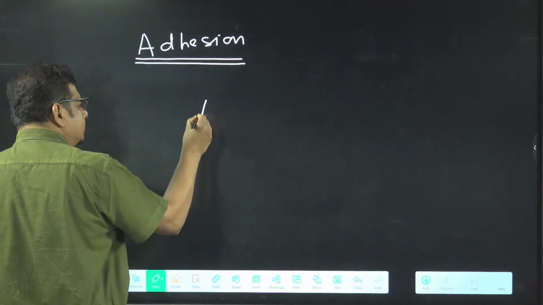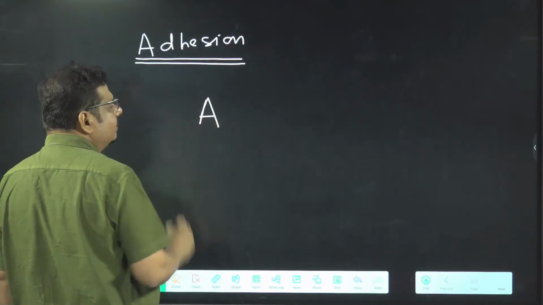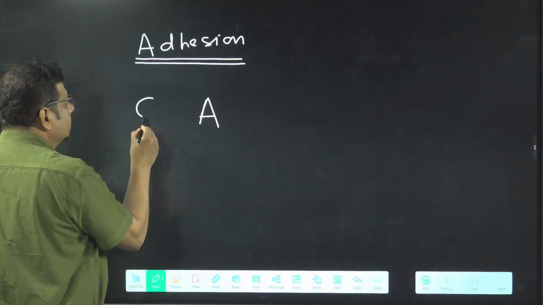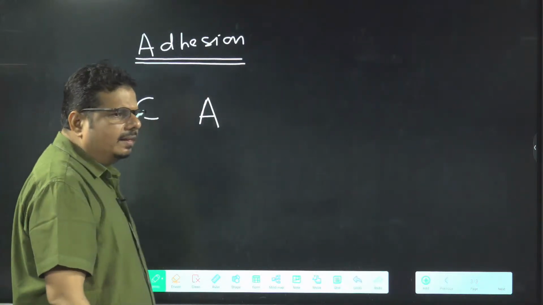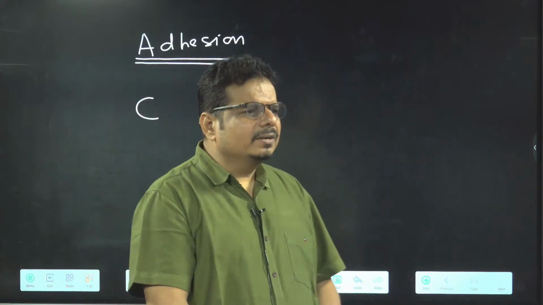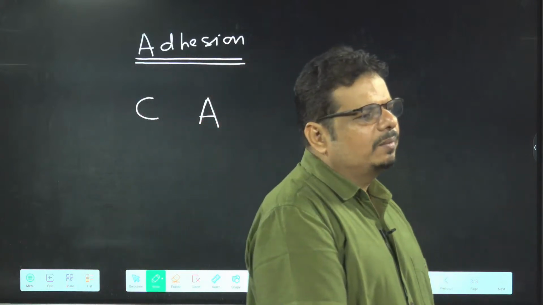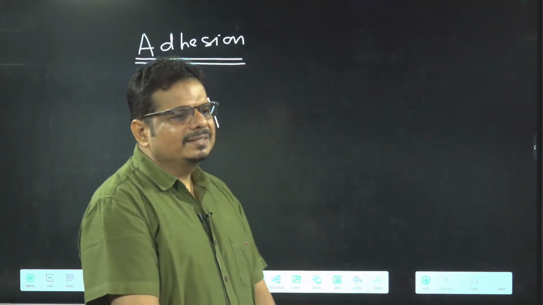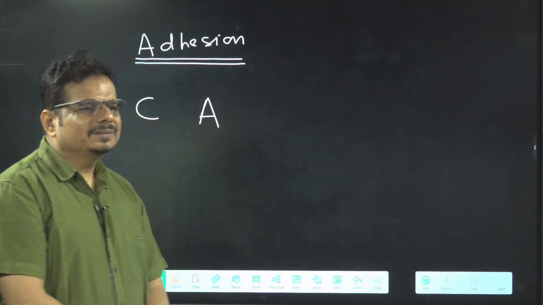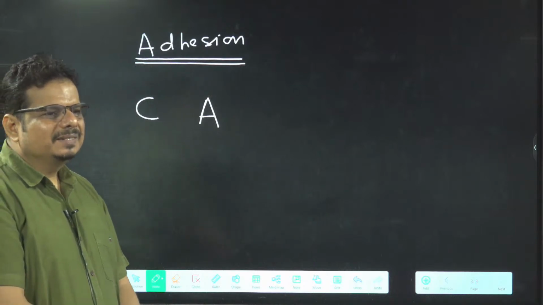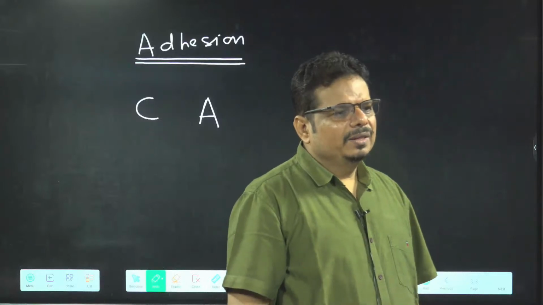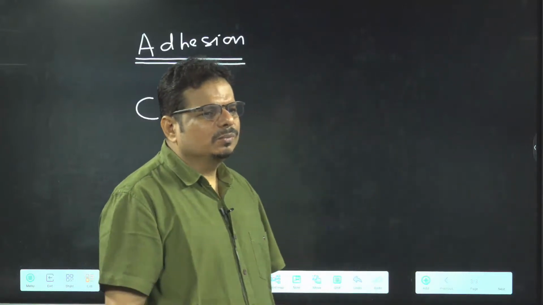See, androecium represented by A and carpel represented by C. So who is the second whorl from outside and who is third whorl from outside? Second whorl from outside is C or A? C. Third whorl from outside is A. Innermost whorl, fourth whorl is what?